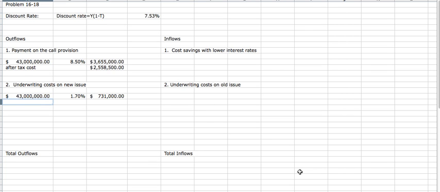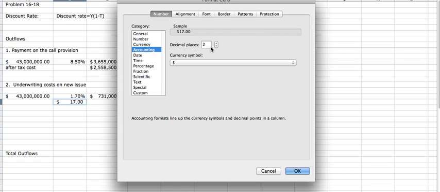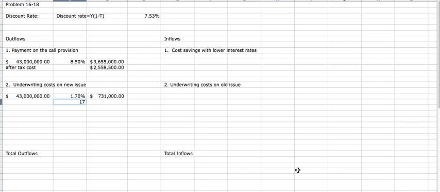So to calculate the amount of amortization each year, we have this many years left on the bonds. To calculate the amortization cost, we simply divide $731,000 by the number of years remaining, and then we can calculate our tax savings per year.